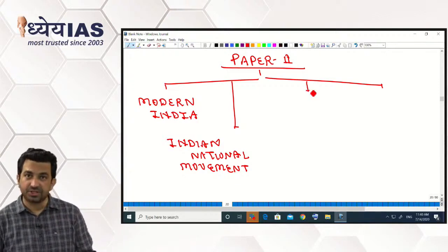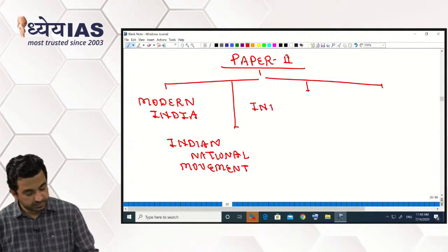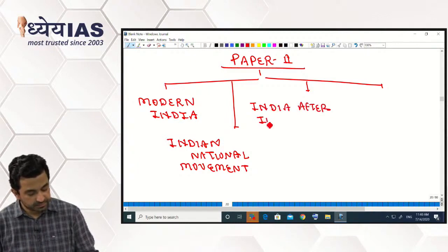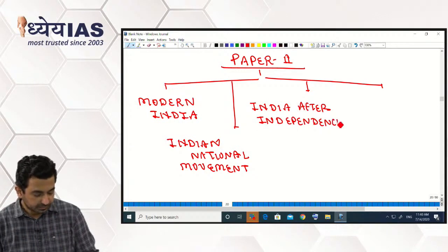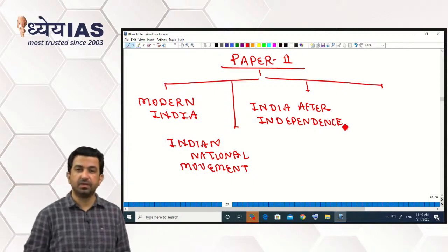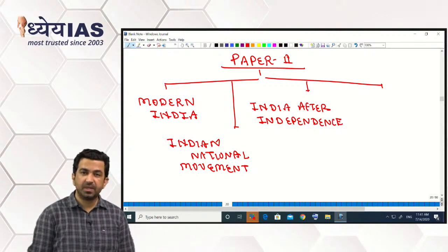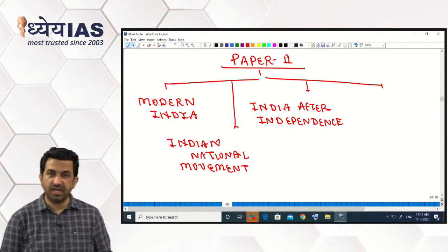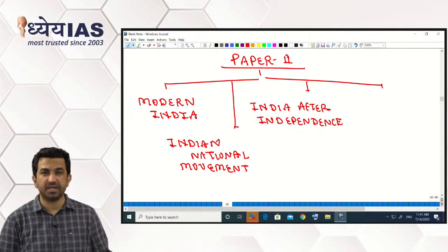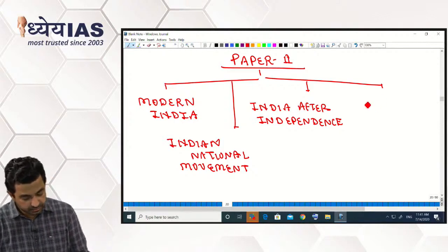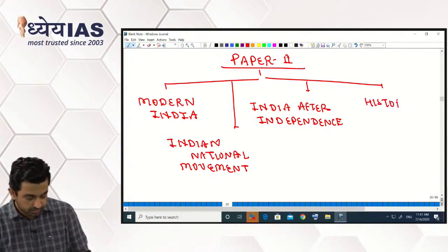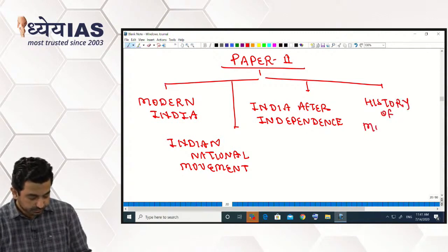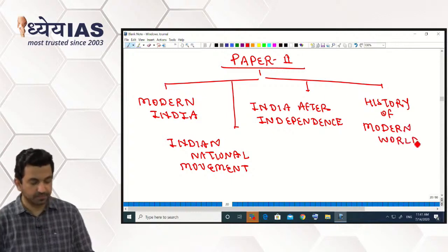Then another section, India after independence, or India since independence, and the history of the modern world.